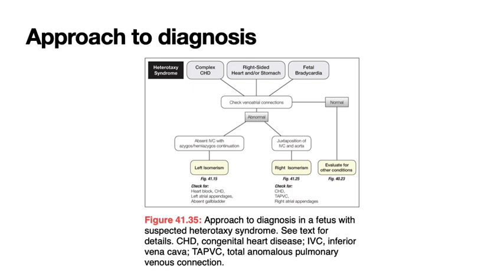Suspect left atrial isomerism. And if you see the aorta and IVC on the same side, it's usually on the right side in these situations, but it can be on the left, but they're never supposed to be on the same side. If you see the IVC and aorta on the same side, think right atrial isomerism.